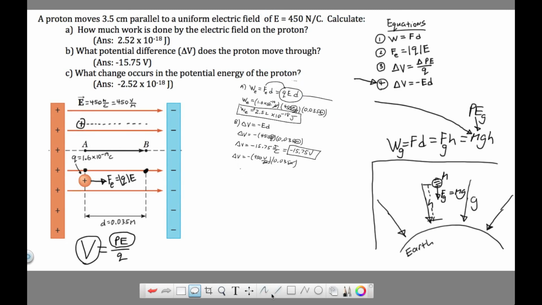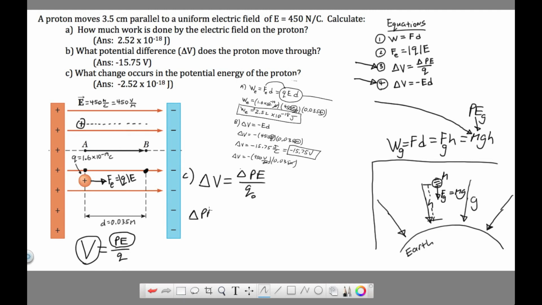All right, now part C, what we're asked to solve for is the change in the potential energy of the proton. So here's where we use equation 3. So part C, we're going to say potential difference, which we now know is change in potential energy per charge.